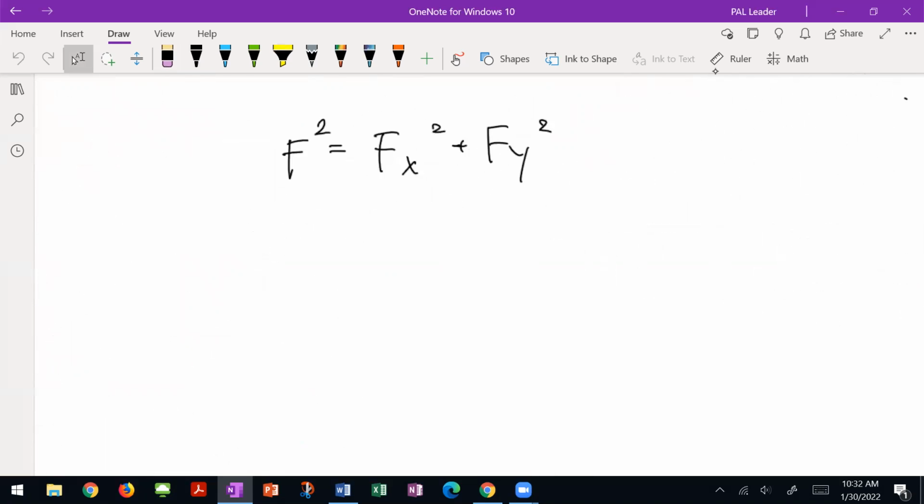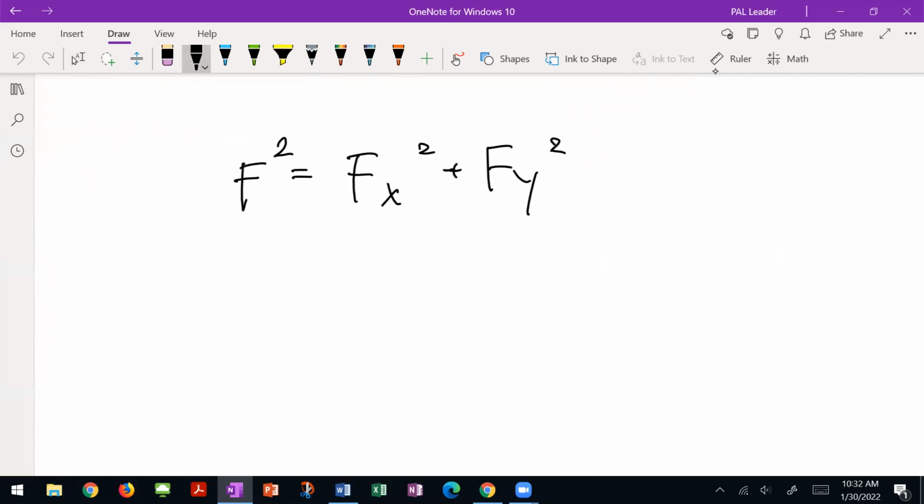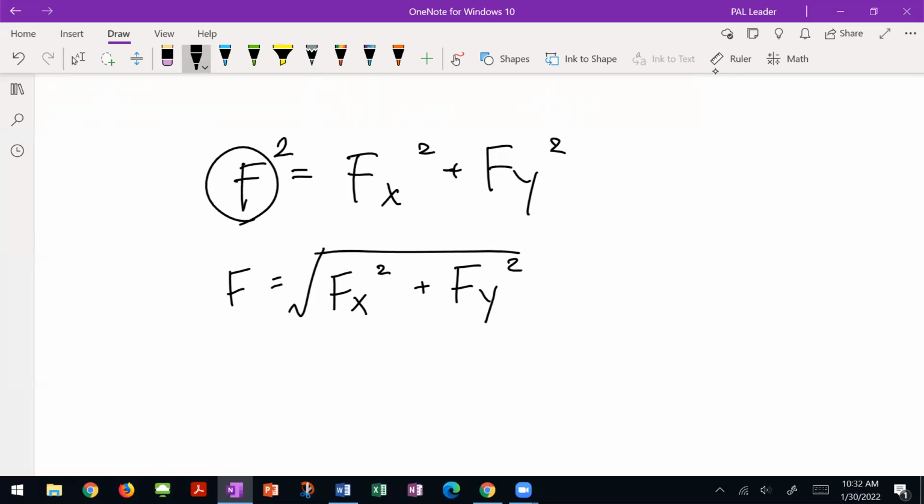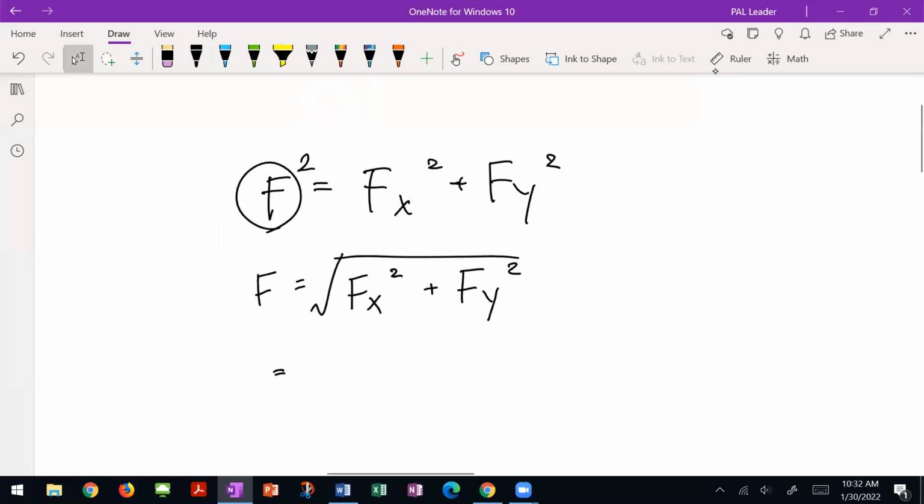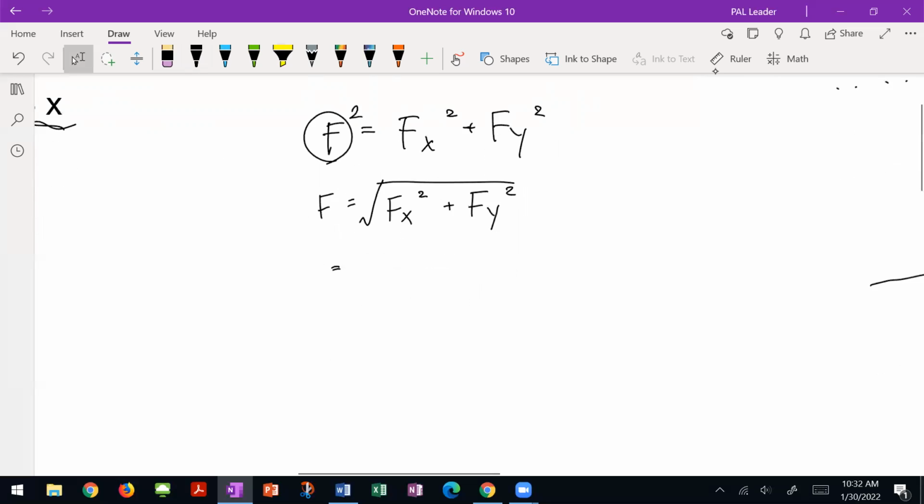So we're looking for F, and I'm going to take the square root of both sides. Fx squared plus Fy squared. And now I'm just going to put in the numbers we found.